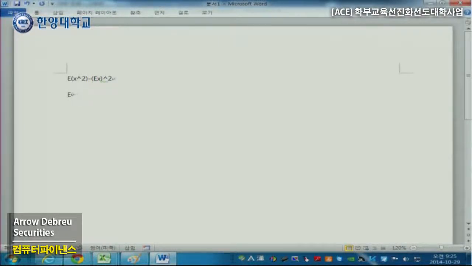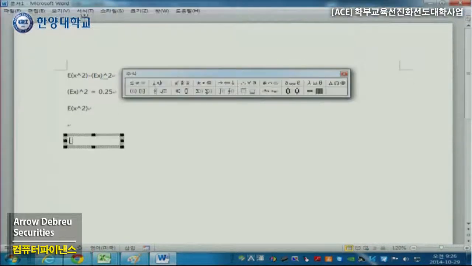And of course, in order to calculate it, we have to do the integration.